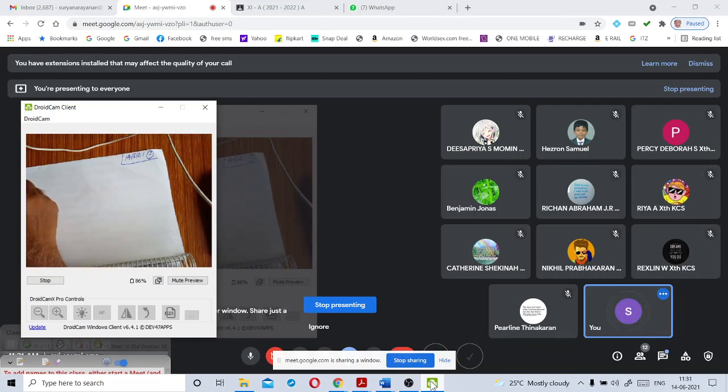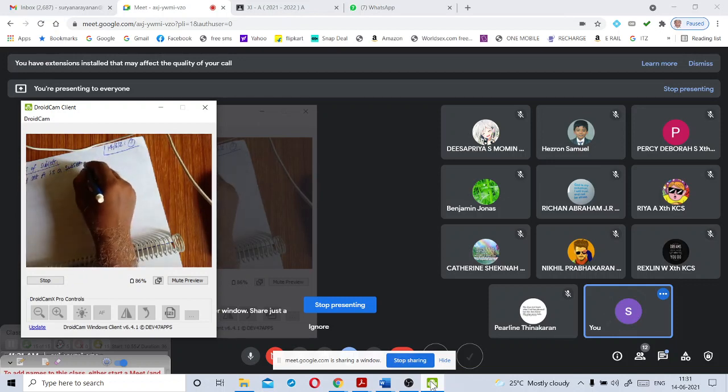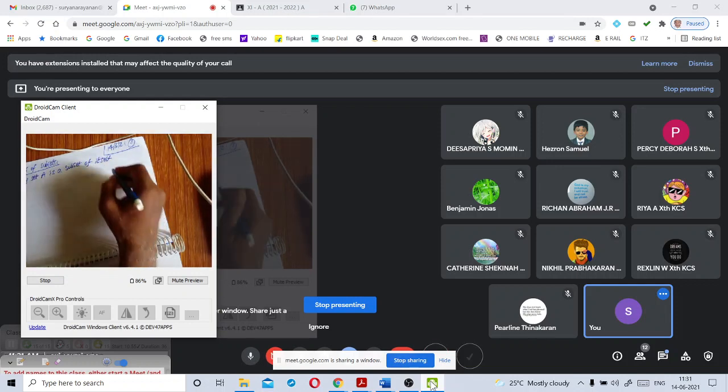Next point, properties of subsets: every set A is a subset of itself, that is, A is a subset of A.